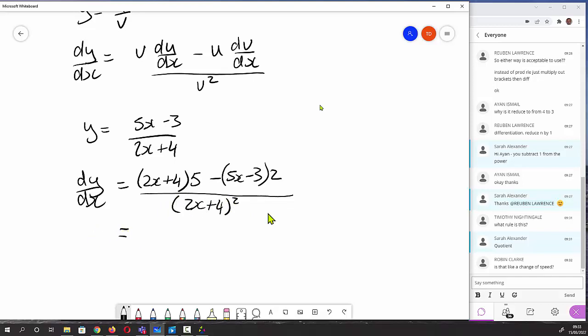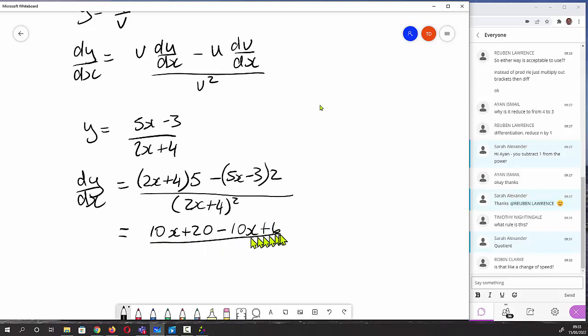Okay, you wouldn't leave it like that now, would you? We're going to get 2x times 5, which is 10x. Let's write it out. So I'm going to get 10x plus 20. And then on this one, I'm going to get 2 times 5x, so that's going to be minus 10x. And then I've got minus times minus 3, so that's going to be plus 6.